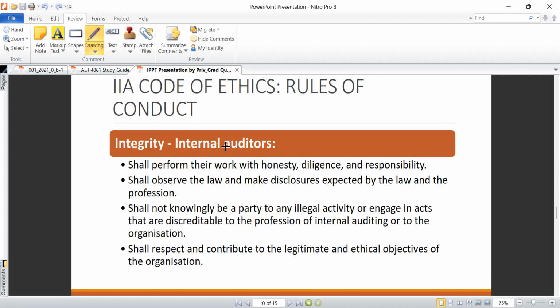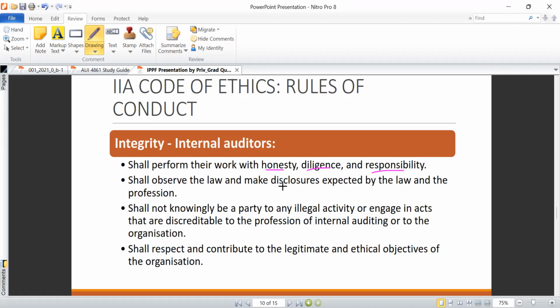Can we rely on the professional judgment of this auditor? That's what should come to mind when thinking of the definition. Then, what are the rules that would suggest an auditor has a certain degree of integrity? Number one, internal auditors shall perform their work with honesty, due diligence, and responsibility.